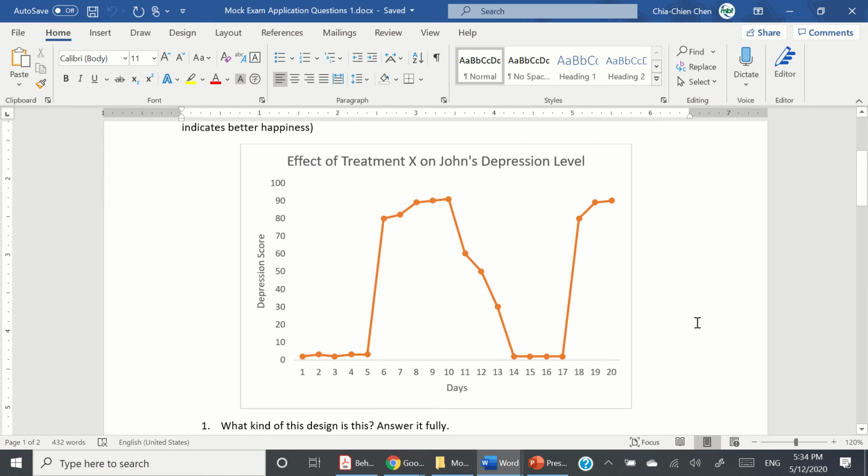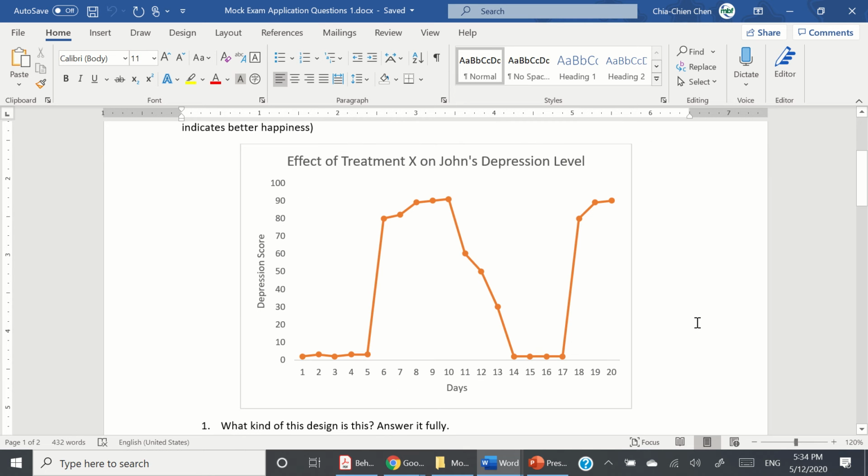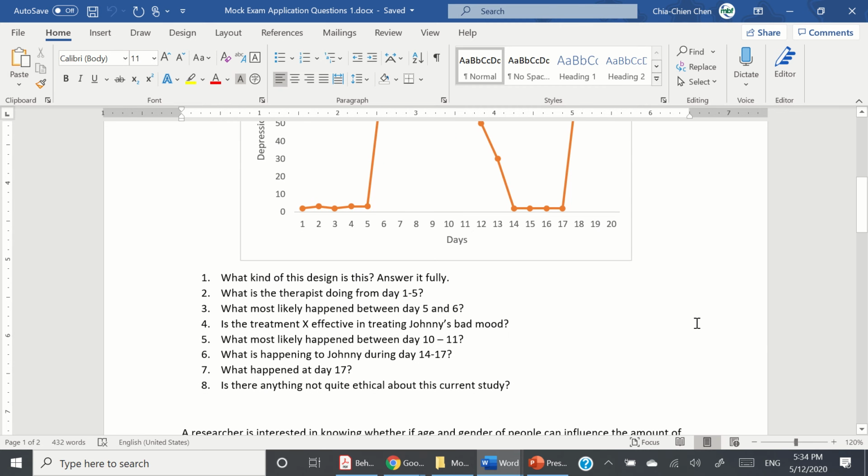You see the title is Effect of Treatment X on Johnny's Depression Level. Here you have the depression score, and on the x-axis you have days. Number one, what kind of design is this?